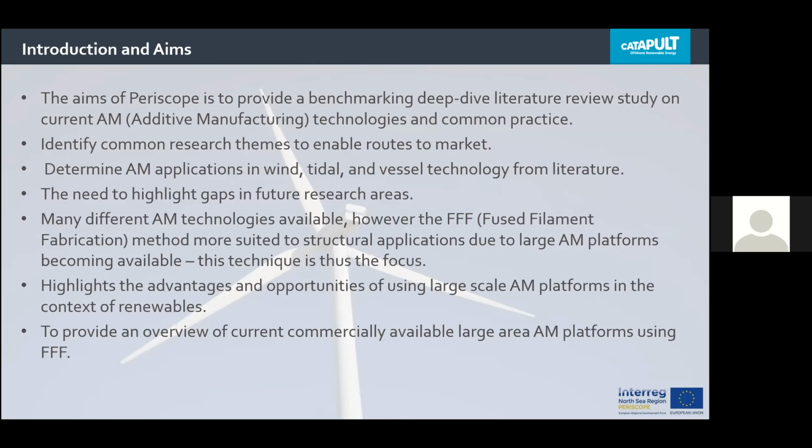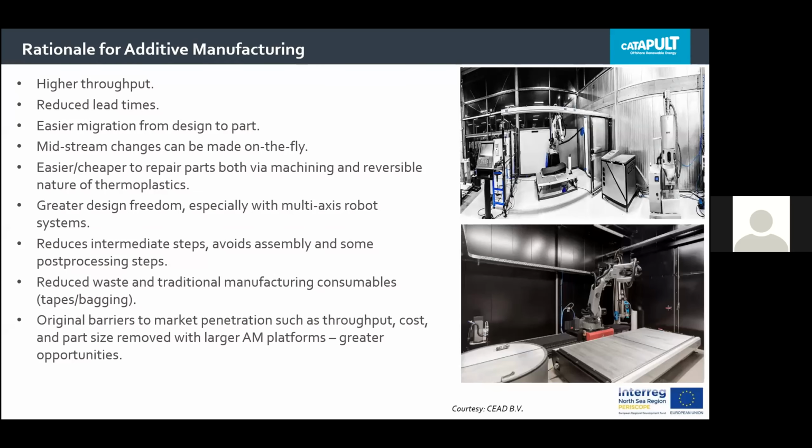And towards the end of the report, we provided a brief overview of the current commercially available systems that are available for purchase. The main rationale for additive manufacturing in terms of thermoplastic extrusion is higher throughput and reduced lead times.